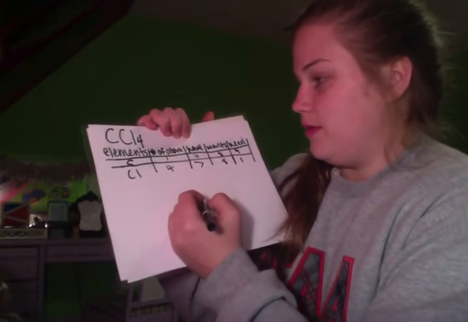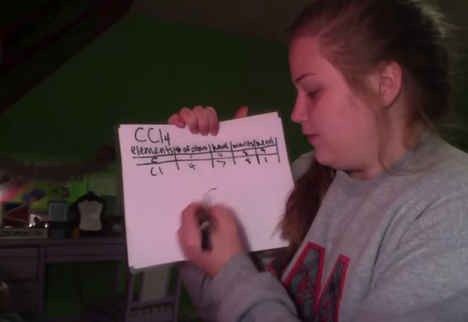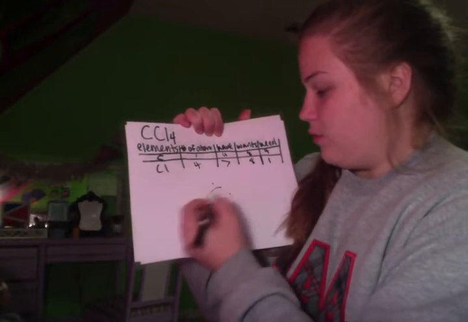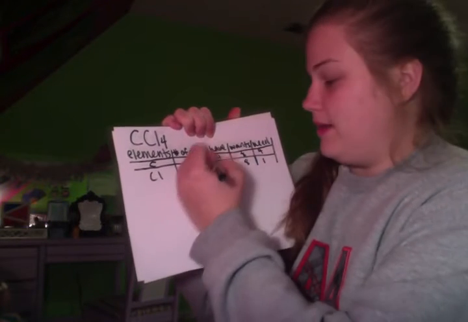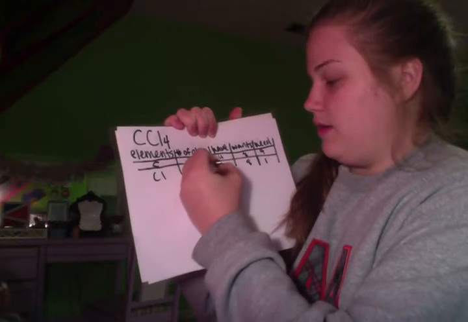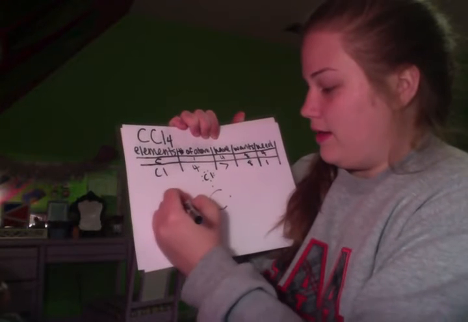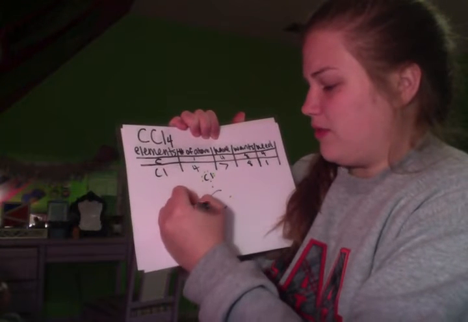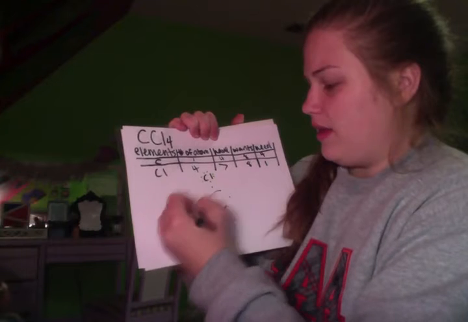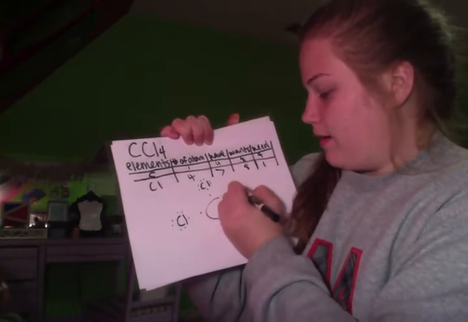And then you start making the Lewis dot structure. C is in the middle and has 4, and then Cl has 7, and that's how I do it. I just put them around because I think that would be easiest.